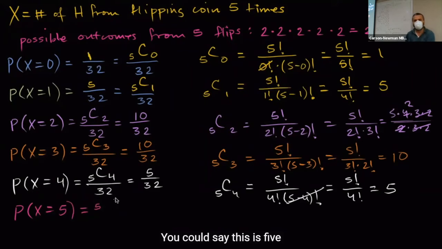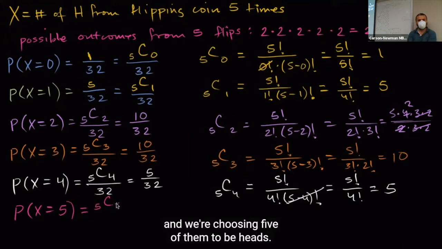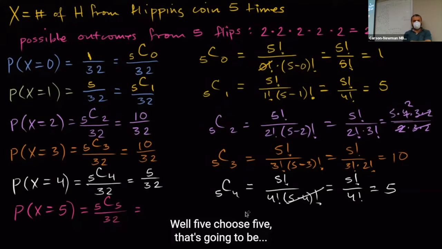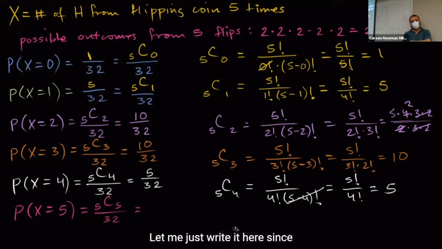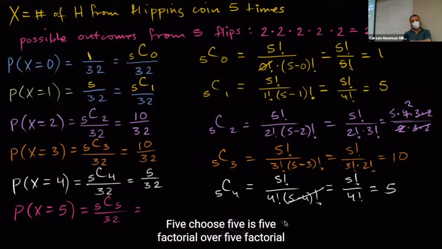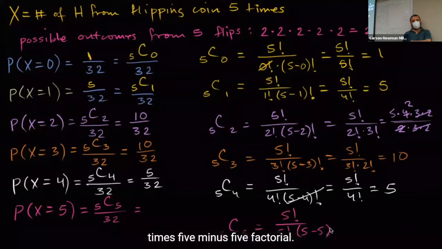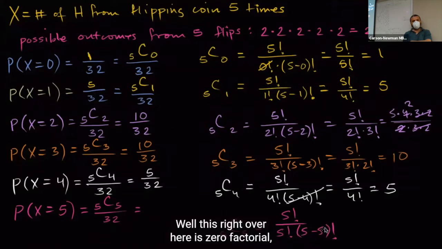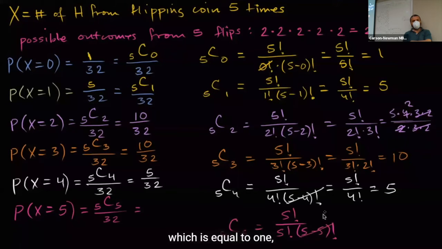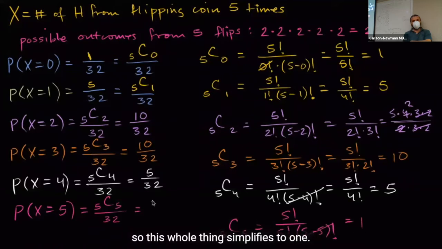We're choosing 5 of them to be heads out of the 32 equally likely possibilities. 5 choose 5 is 5 factorial over 5 factorial times 5 minus 5 factorial. Well, this is 0 factorial, which is equal to 1. And so this whole thing simplifies to 1, so this is going to be 1/32.